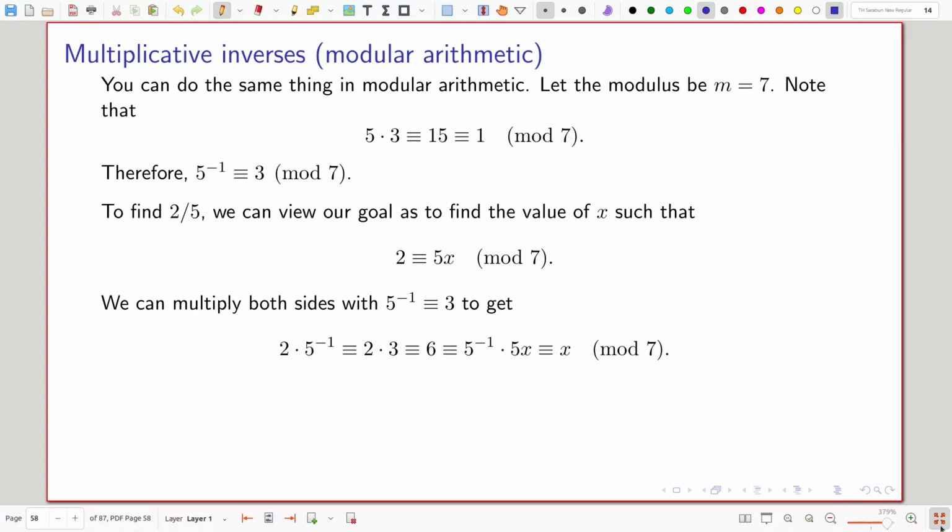And we know that modulo 7, 3 is the number you're looking for, because 3 times 5 is 15, which is 1 modulo 7. So if you multiply the whole thing with 3, you get 2 times 3 is 6, and 3 times 5 is going to be 1. So you know that x is going to be 6.